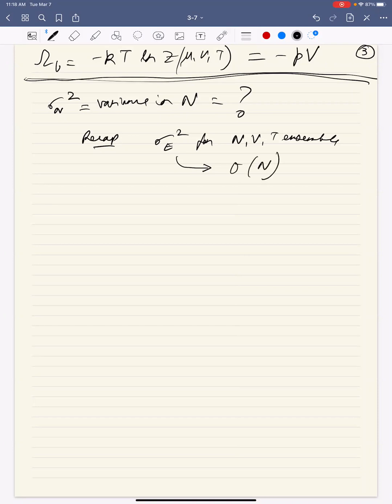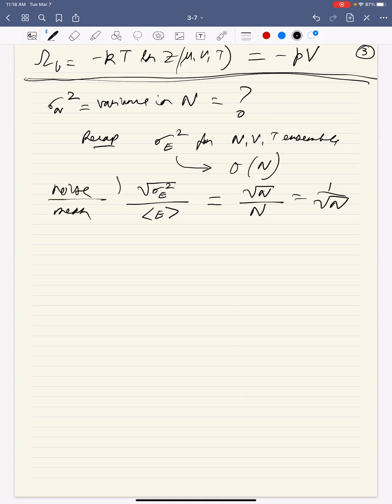It's order of N. So going to what Nathan said, if I want to think about the standard deviation in energy divided by the average energy, that will go as square root of N divided by N, which is equal to 1 over square root of N, right? This was a very striking relation, that the noise, which is the standard deviation divided by mean, goes as 1 over square root of N. So as N becomes infinity, noise over mean goes to 0. We are going to see the same thing over here.